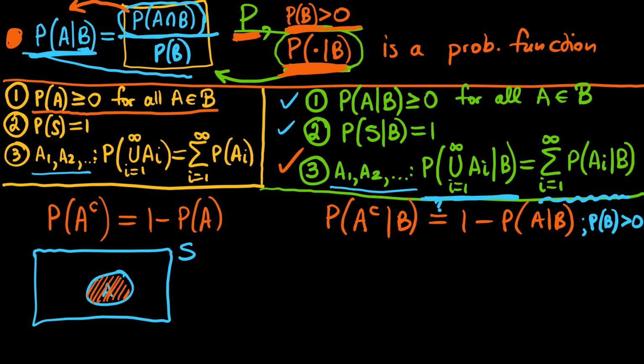Then we know that the complement of A represents all the points outside of A, right? All the points in the sample space that are outside of A. Okay, so A and the complement of A are pairwise disjoint.